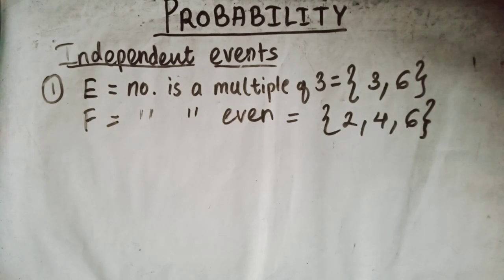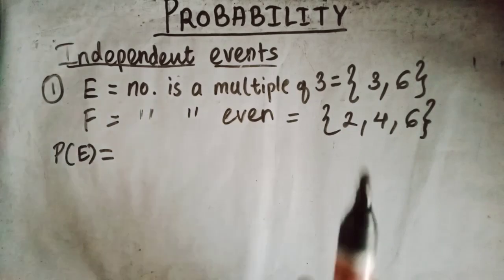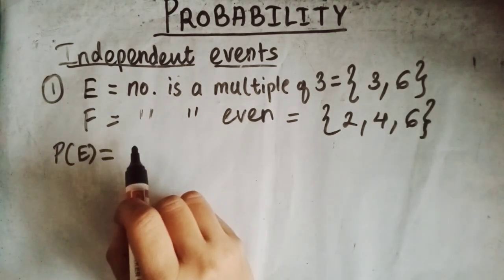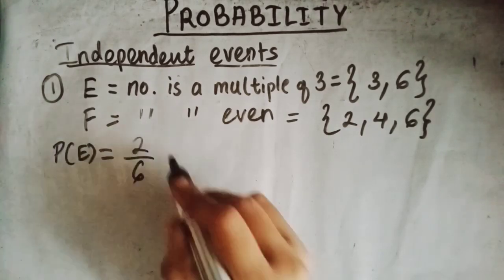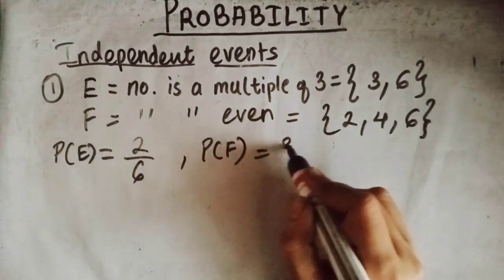Now you have to find whether E and F are independent or not. So what is the probability of E event? The sample space will contain 6 elements, so the total number of outcomes is 6. So P of E is 2 by 6. P of F is 3 by 6.